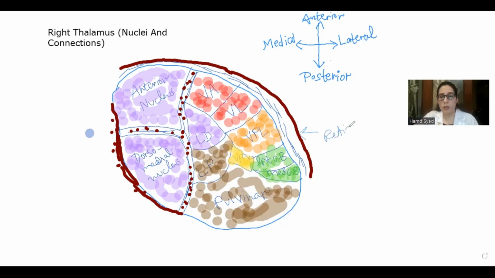It is receiving information from the reticular formation, so it is also concerned with the levels of consciousness. So this is a summary of the nuclei in the thalamus. And I also mentioned the connections of the thalamus. And now we're going to go back to our PowerPoint presentation, and we're going to summarize what we have just discussed.